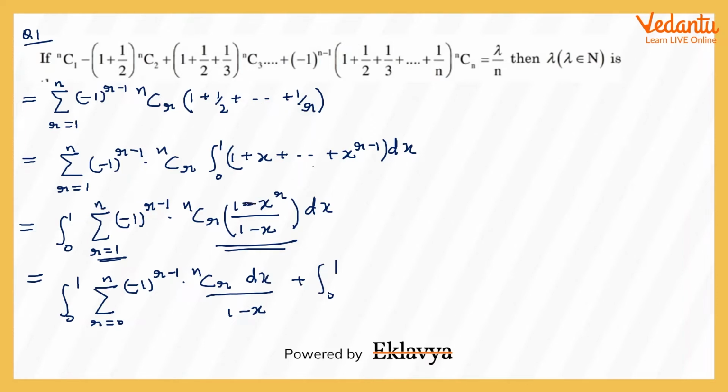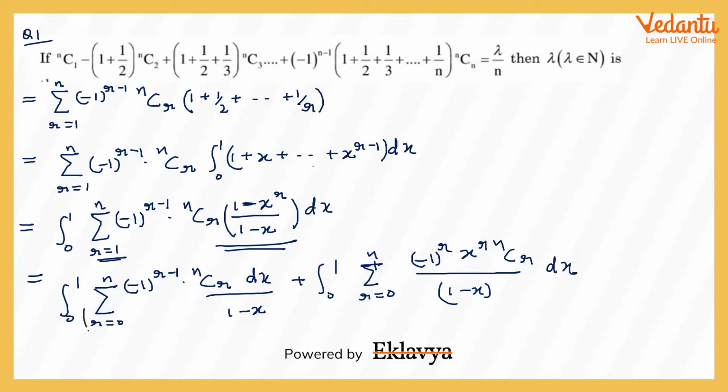Actually, I have put this minus 1 into it, so after summation r equals 0 to n, this will become (-1)^r x^r nCr upon 1 minus x dx. Here you can check the summation of this thing, because it is independent of x, so even if I take it common out of the integration sign, the integral will not change. But you can see it is just the property of nC0 minus nC1 and so on, so this will become 0.